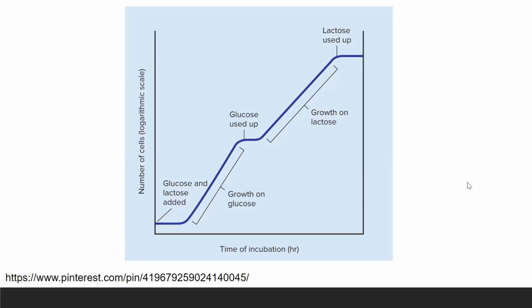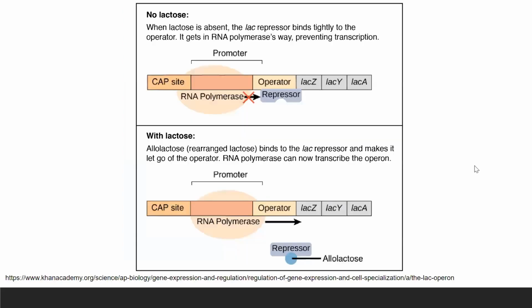Now let's rewind and see what the Lac-operon actually is. Lac-operon is a portion of the genome of the E. coli, which contains a promoter region, an operator region, and the genes. There are three genes which are involved in the conversion of lactose to glucose and galactose.